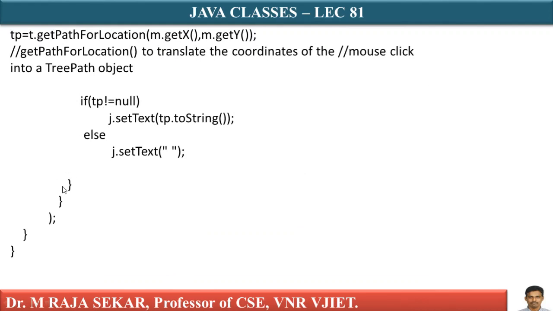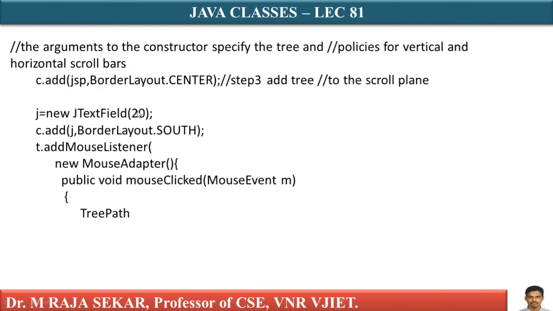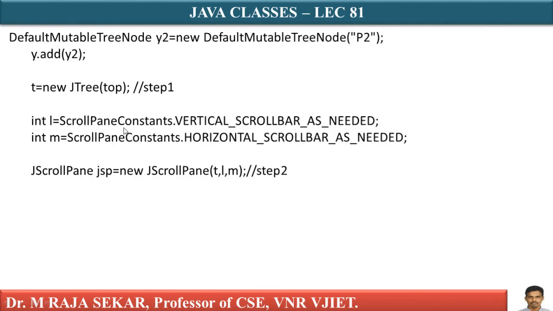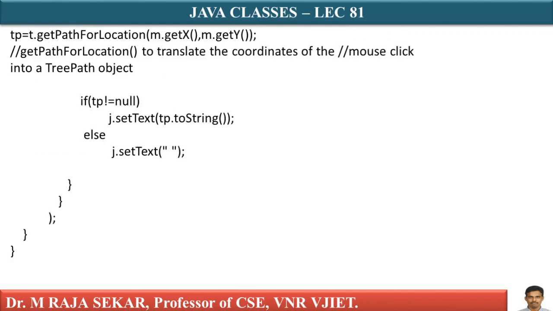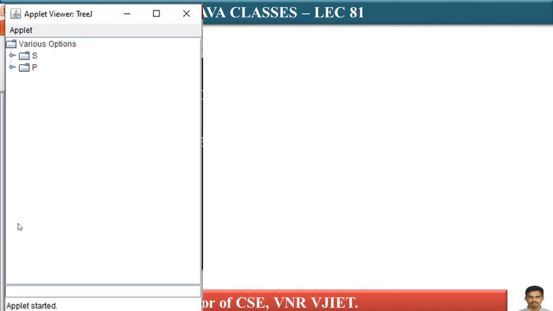Let me show the output so that you can understand this. If I click with the mouse, it will collect whether we are clicking S or whether we are clicking P. It will collect that information. See this output once.